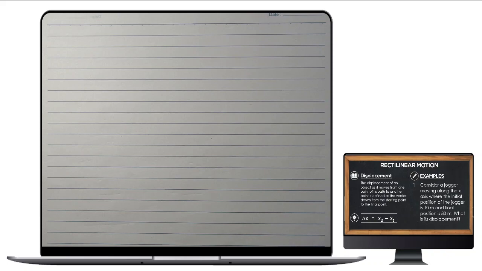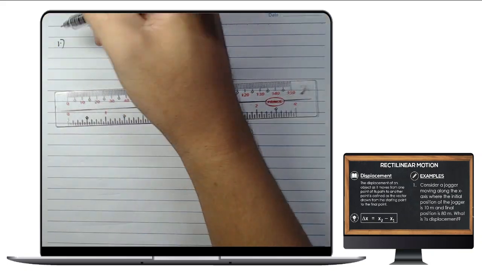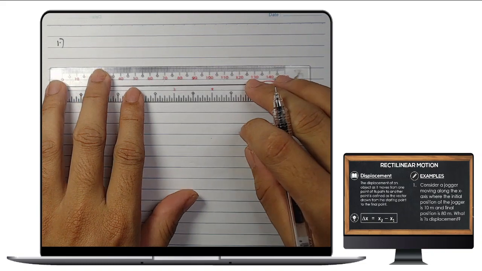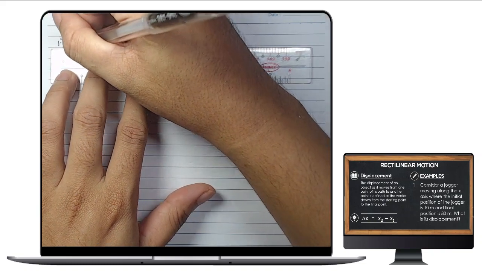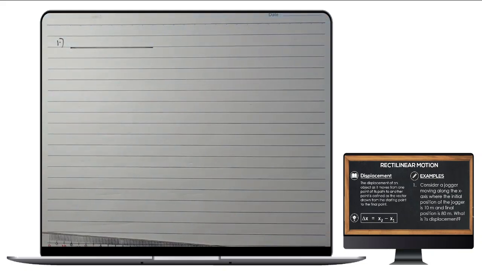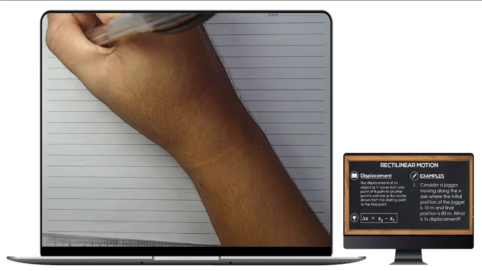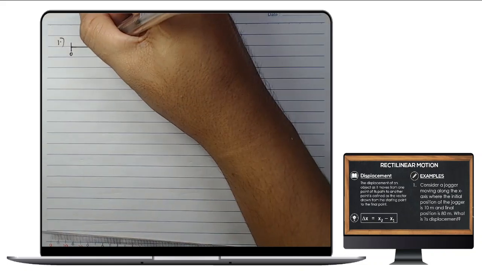For example number 1, let's say we have here our x-axis, and the jogger's initial position, let's say this is our reference point, which is the 0 mark, is at 10 meters.